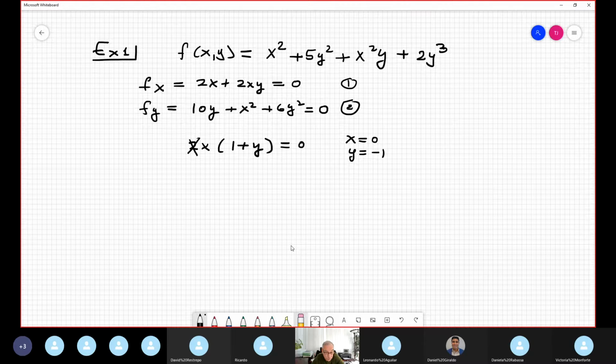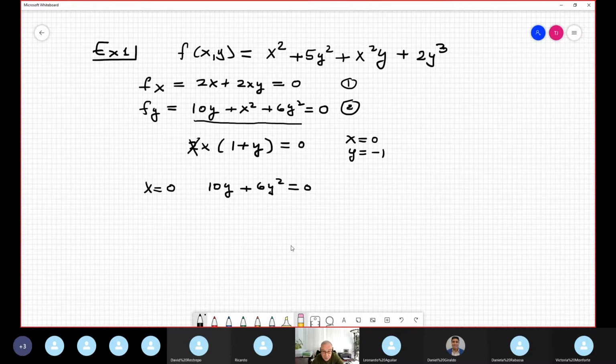Now, suppose at x equals 0, use substitution, and the partial derivative with respect to y is this. So we have 10y, x is 0, disappears, plus 6y squared equal to 0, and we have one equation depending only on y.